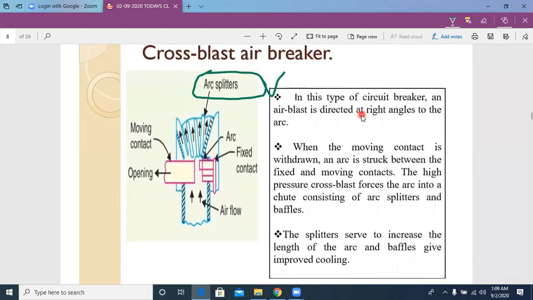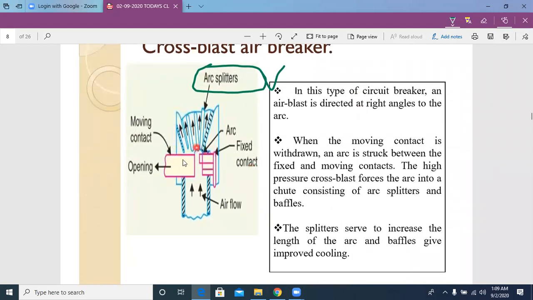Now let's see point wise. Here I repeat once again how the function goes on in a cross blast circuit breaker. When the contacts are open, an arc is struck between the contacts. That means the arc is initiated between the contacts. When the arc is initiated, automatically the pressure air enters into the chamber, and due to that pressure air, the arc is struck between the arc splitters.